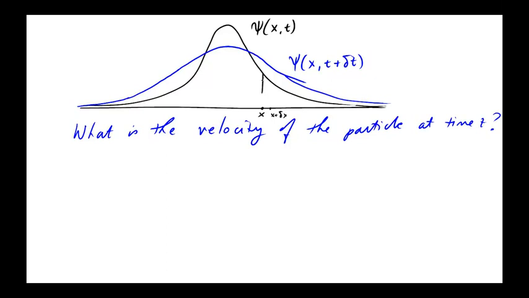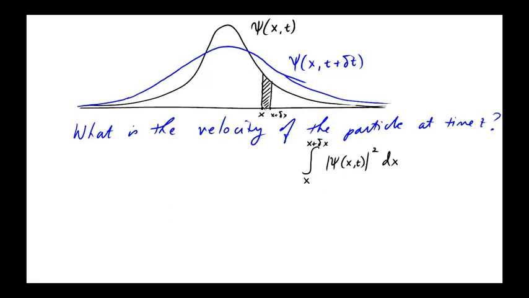And the answer is the integral from x to x plus delta x of the magnitude of psi of x, t squared dx. So it's this integral of the square of the amplitude over this interval. If the amplitudes are real, you can eyeball this probability as being the area under the curve.